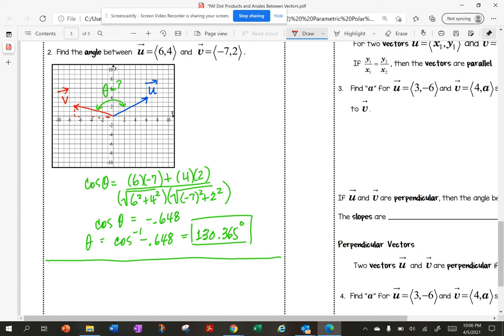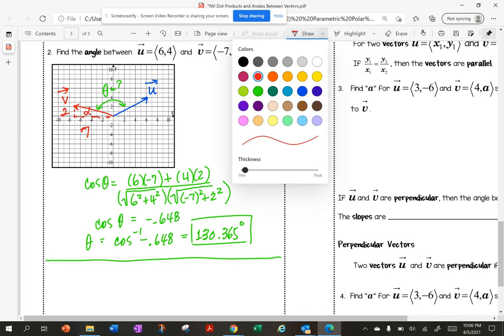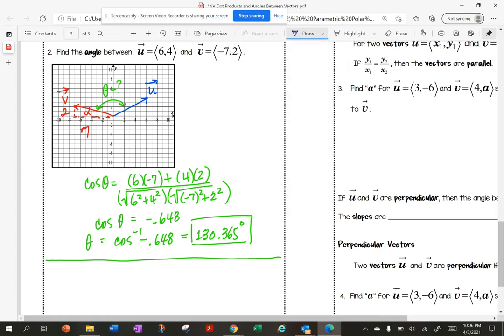Okay, so these are two right triangles. So this has a side of 7 and a side of 2, and let's call this angle alpha. And this, if I block it out into a right triangle, is 6 and 4, and let's call this angle beta.